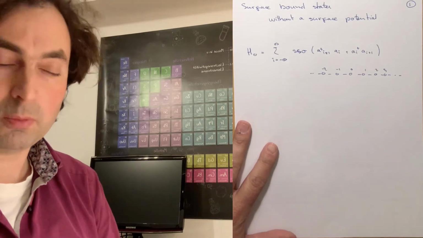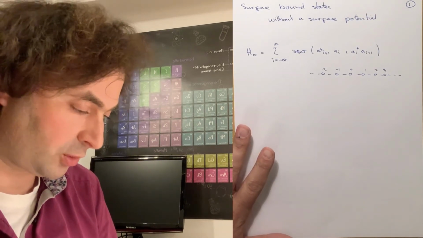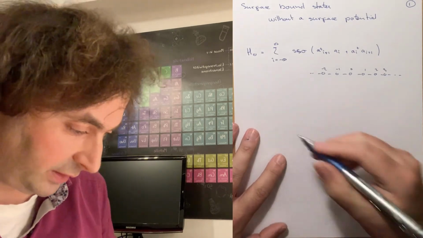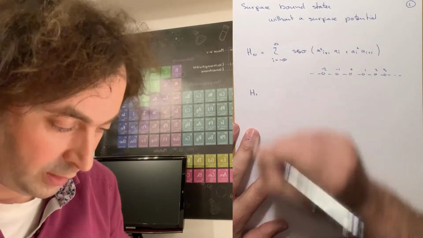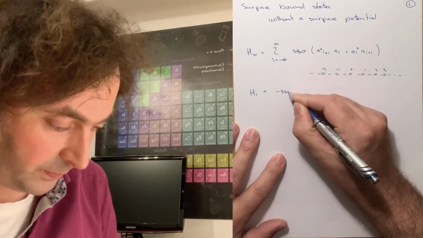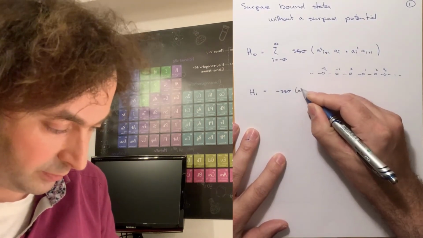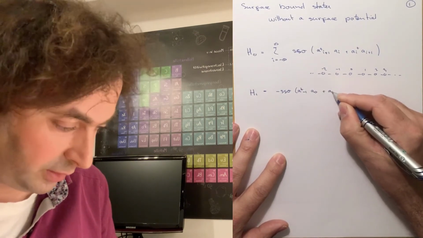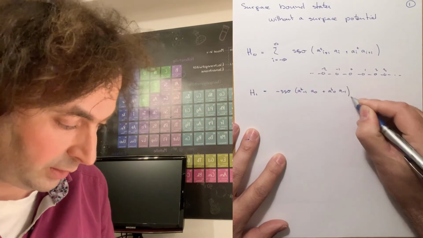Now I want to use the Dyson equation. So from an infinite lattice I want to go to a semi-infinite lattice. And I can do this if I define H1 as minus S S sigma (A dagger minus 1 A0 plus A dagger 0 A minus 1).